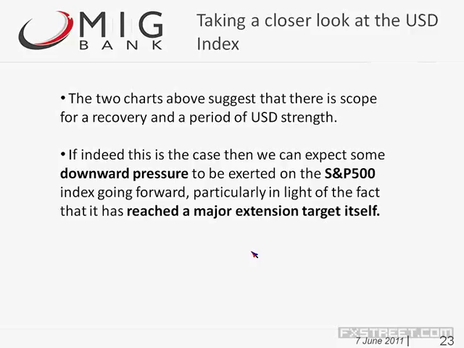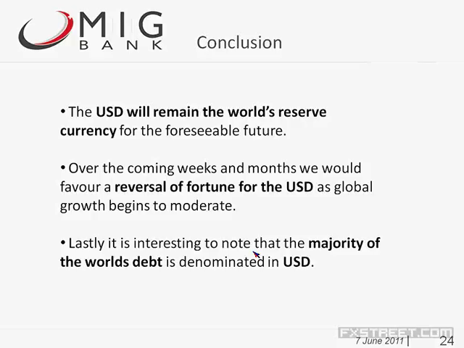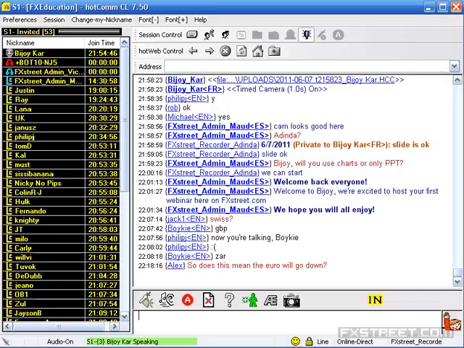We need to take that into consideration, that we've also seen that the S&P 500 has met a major extension target as well. So putting this all together, the US dollar, I think, will remain the world's reserve currency, and over the coming weeks and months, I would actually favor a reversal of fortune for the dollar as global growth begins to slow, or at least to moderate.